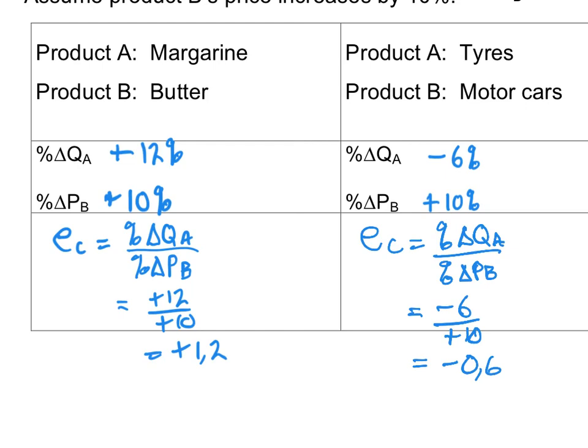So in the case of butter and margarine, our coefficient value is positive, so that means that these goods must be substitutes. And in the case of tires and motor cars, the result was negative, so we know that these goods must be complements.